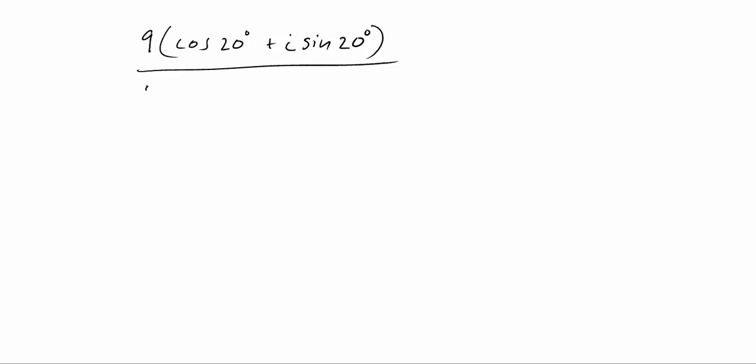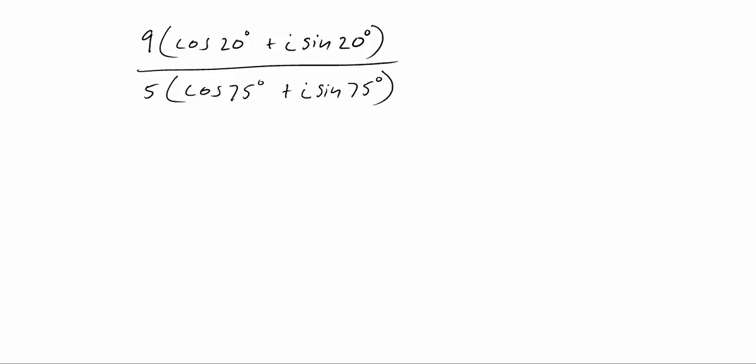Okay, so now let's look at an example if we were going to divide. Let's say that we have 9 cosine of 20 degrees plus i sine of 20 degrees, and we're going to divide this by 5 cosine of 75 degrees plus i sine of 75 degrees.